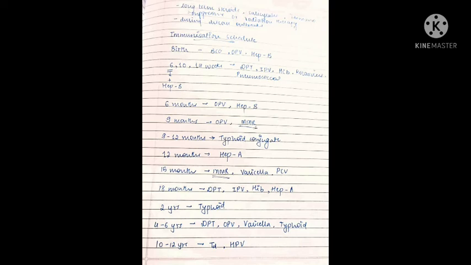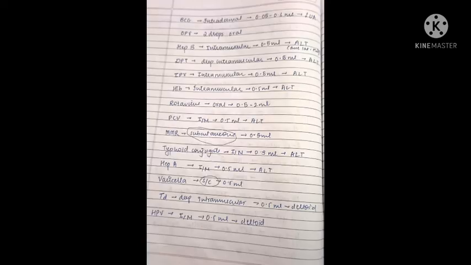At 18 months, we give DPT, IPV, hepatitis A, and Haemophilus influenzae B. For the route and the dosage, BCG is given intradermal, 0.1 ml. OPV and rotavirus are given orally. MMR and varicella are given subcutaneous, 0.5 ml, whereas others are intramuscular, given 0.5 ml.